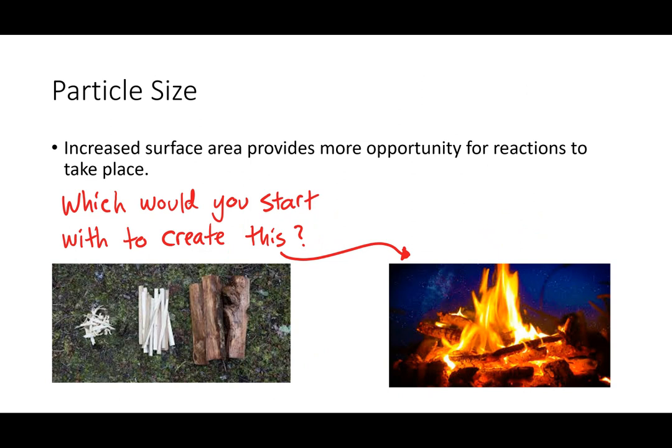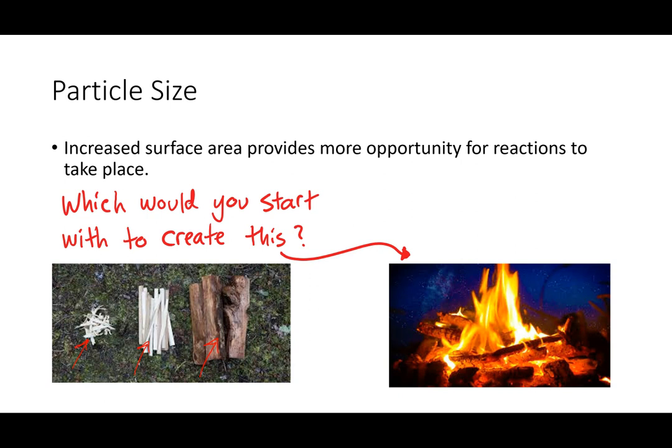Okay, particle size as well. So increased surface area provides more opportunity for reactions to take place. This is a good example that I like to use. Which would you start with to create fire? Would you start with little tiny pieces like kindling, or tiny sticks, or a giant log?